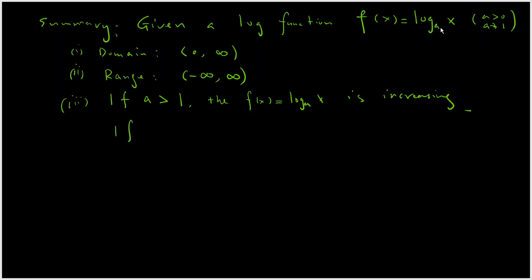Likewise, again there are only two cases: greater than 1 or in between 0 and 1. If the base is in between 0 and 1, then the function is decreasing.